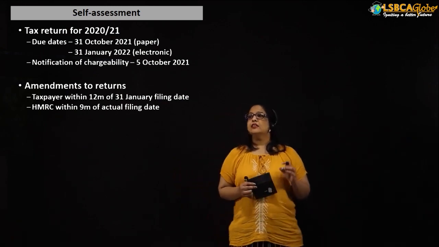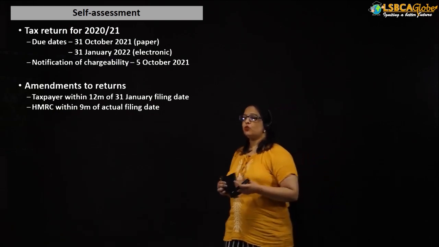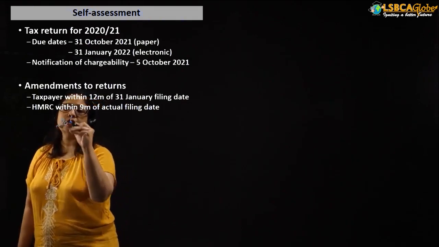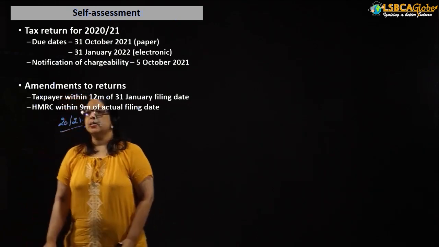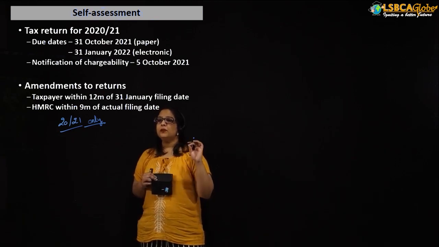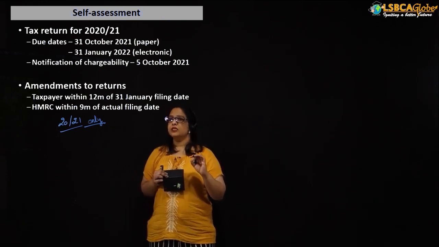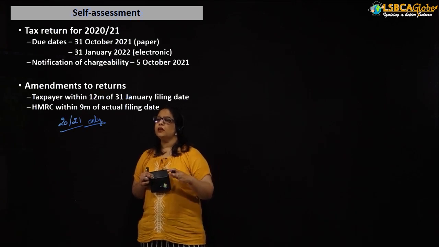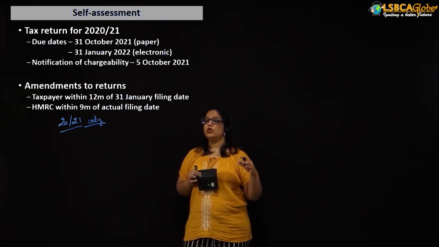And class, notification of chargeability: if the person starts earning in the tax year 2021 only, then the person has to notify HMRC within 6 months from the end of the tax year in which he starts earning. So if the person has started earning, he has to notify HMRC by 5th October 21.